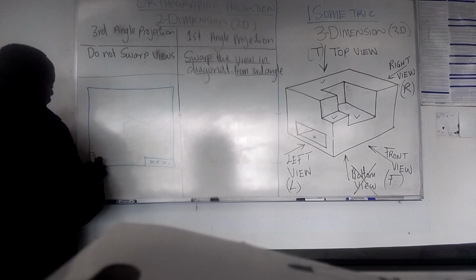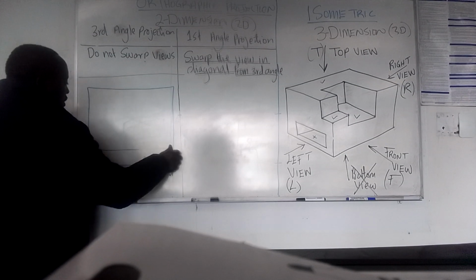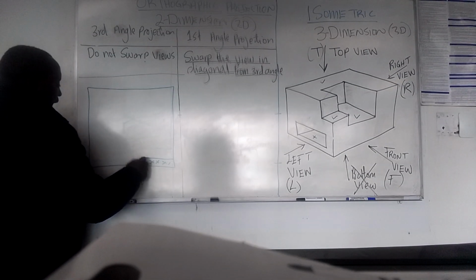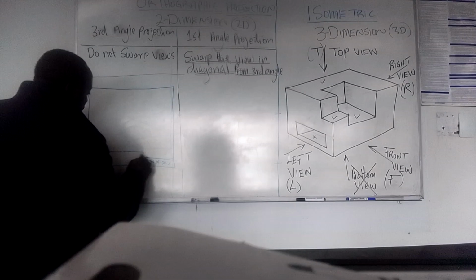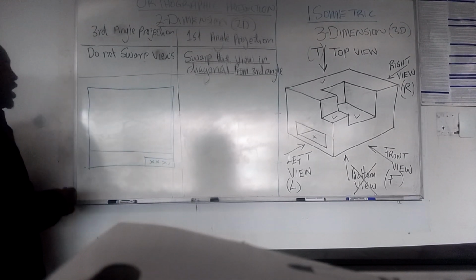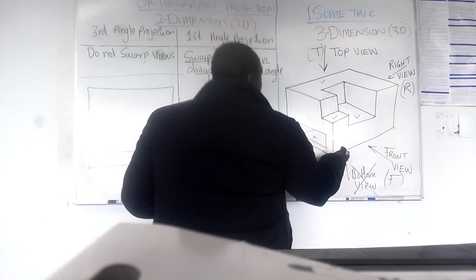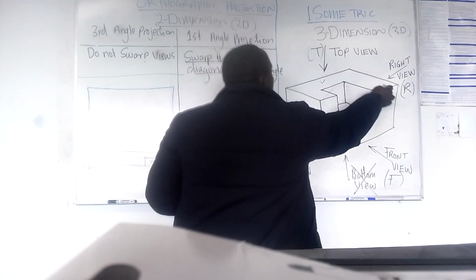So what you do is you draw a faint line, very faint line. Give yourself space from this line, a certain amount. Then you measure the height from there to the top there.